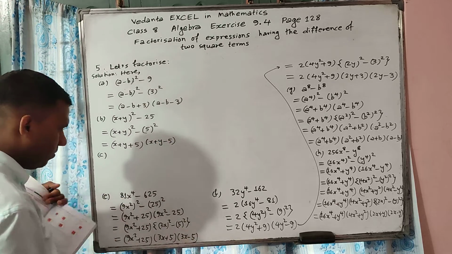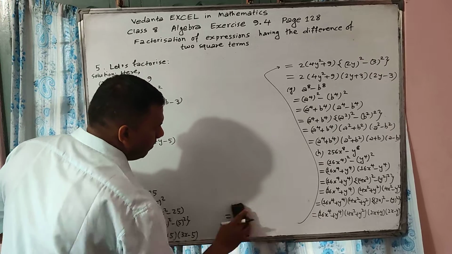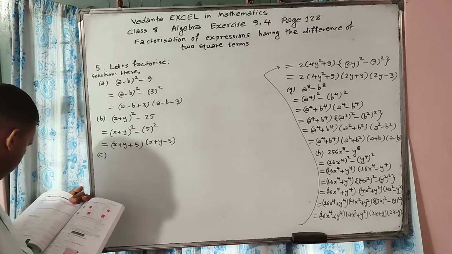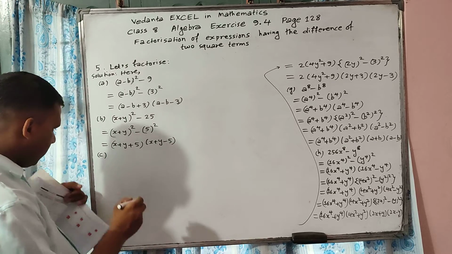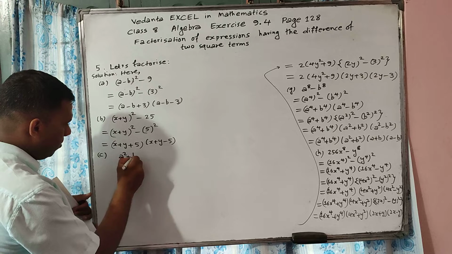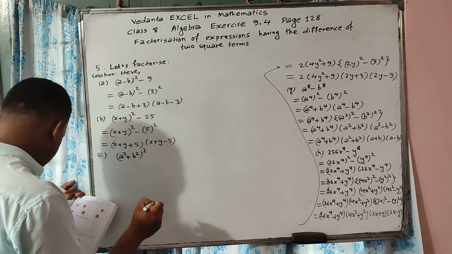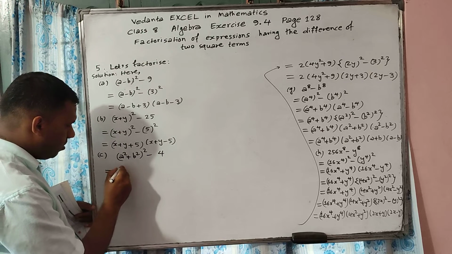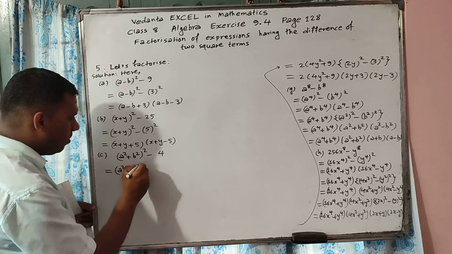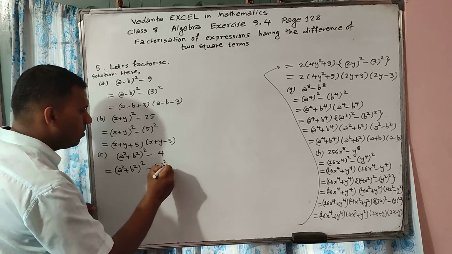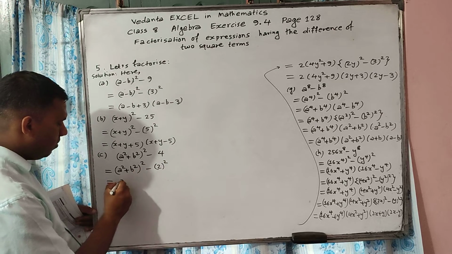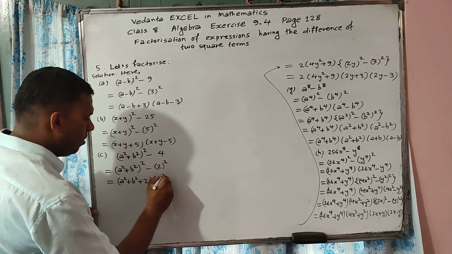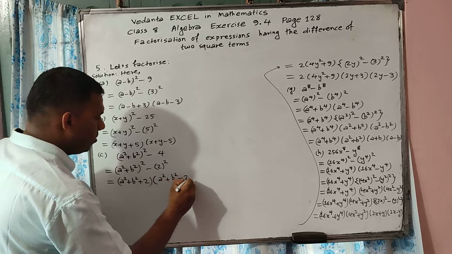On c we have (a square plus b square) whole square minus 4 is equal to (a square plus b square) whole square minus 2 whole square is equal to (a square plus b square plus 2) into (a square plus b square minus 2).